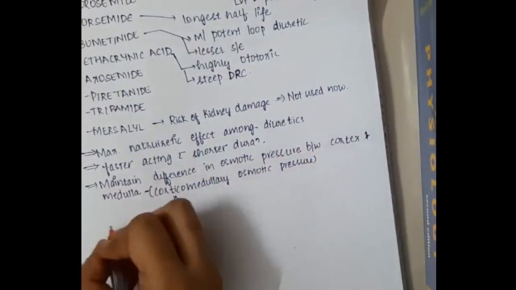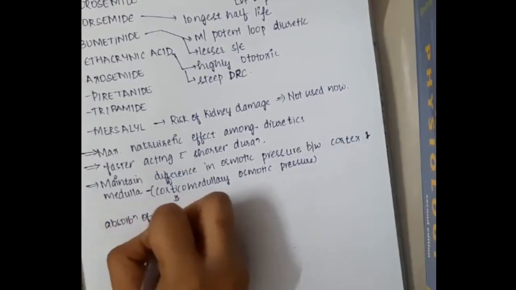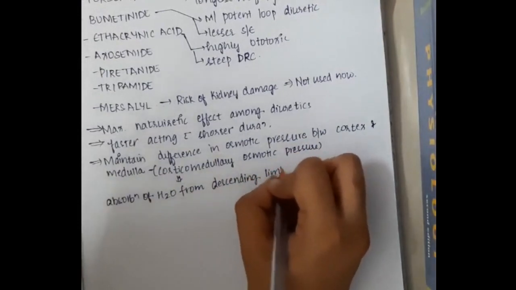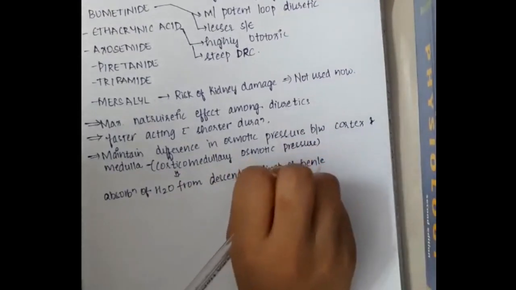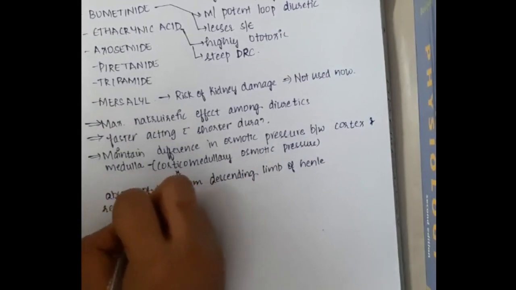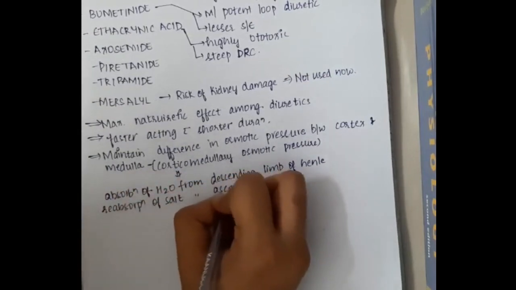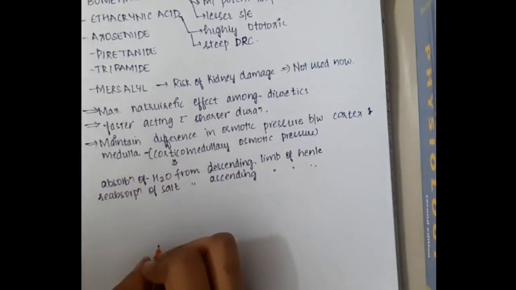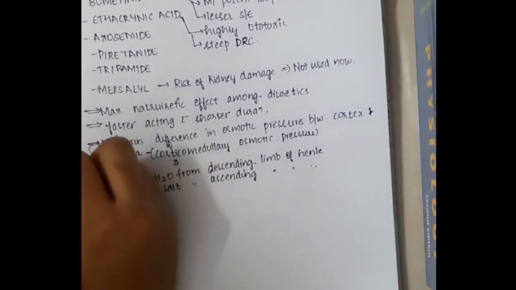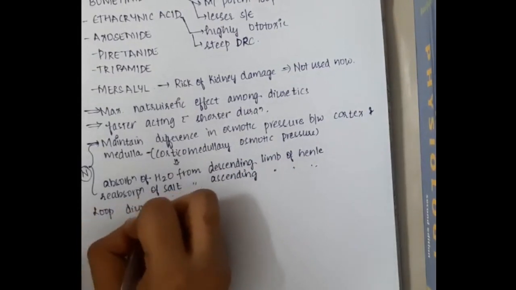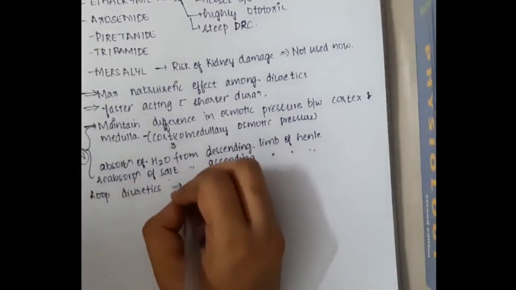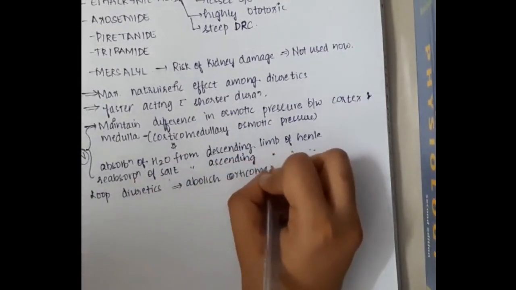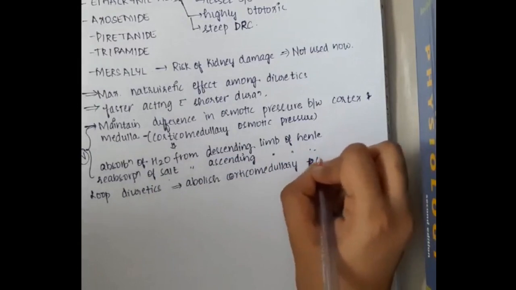Because of this, there is absorption of water from the descending limb of the loop of Henle, and reabsorption of salt from the ascending limb. But these loop diuretics will abolish or block this corticomedullary osmotic pressure difference.